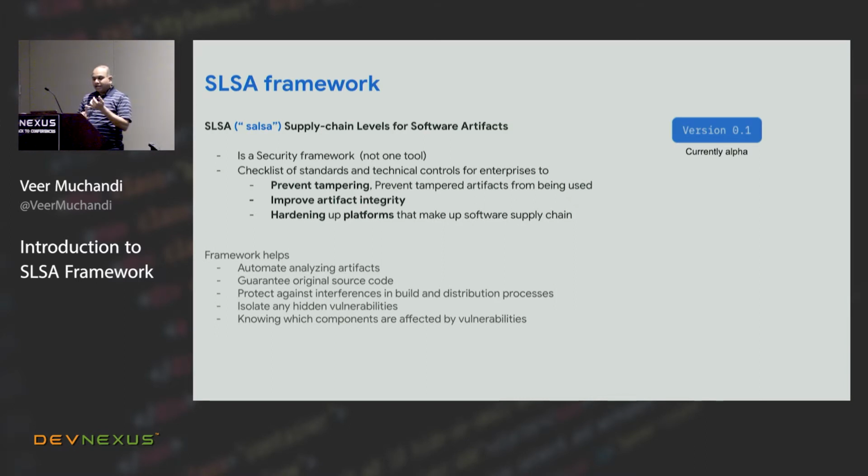The intent of this framework is to prevent tampering of your artifacts. Your artifact integrity should be increased. That means if you are looking at a piece of code to be used, your artifact, your package, your dependency, you are sure that this is a good one to use. It doesn't have vulnerabilities or any defects that can cause problems later, right?